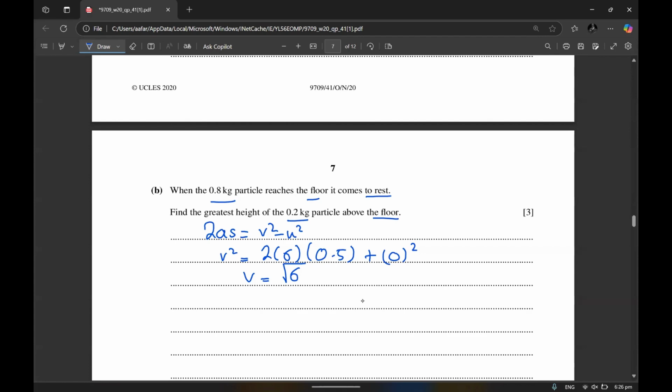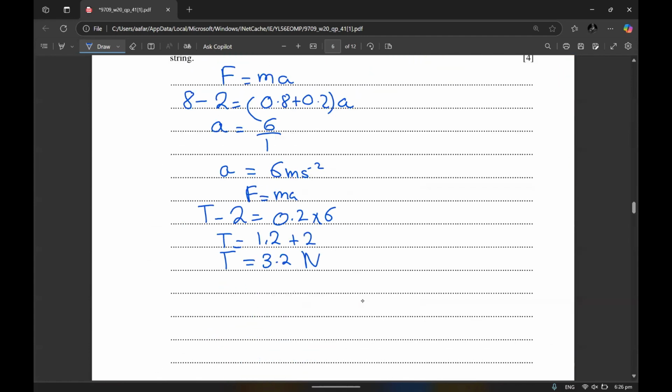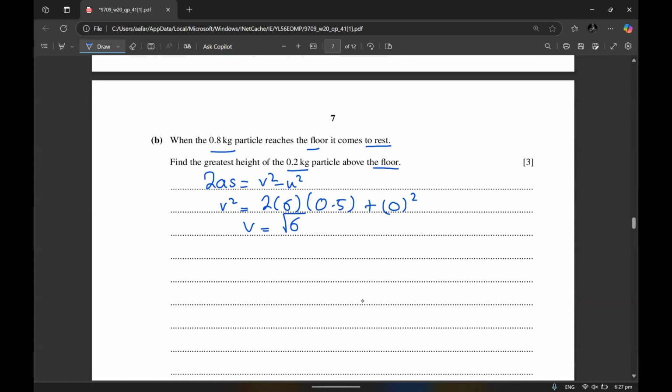And now this is the initial velocity of the 0.2 kg particle. Let's say this is now the scenario. This is the floor, this is the pulley, and this is the 0.8 kg particle, and this is the 0.2 kg particle. And the total distance now from this down is 1.